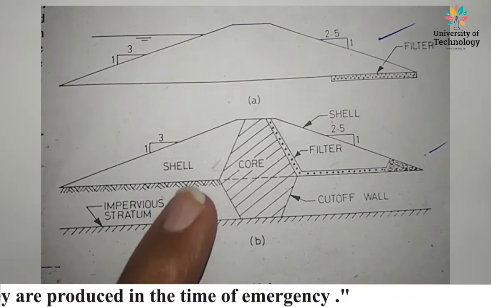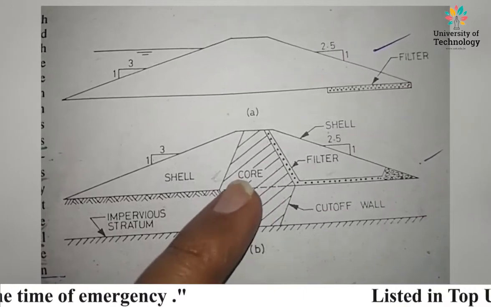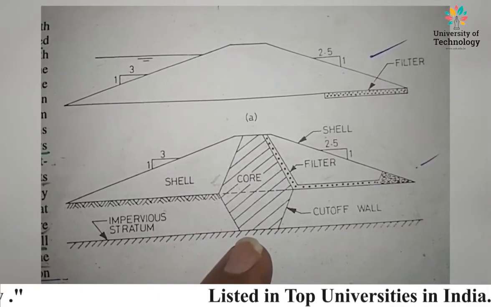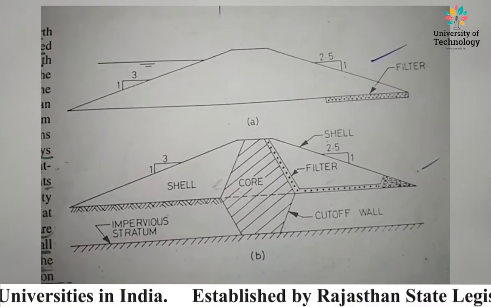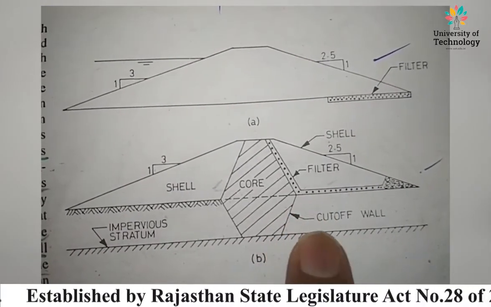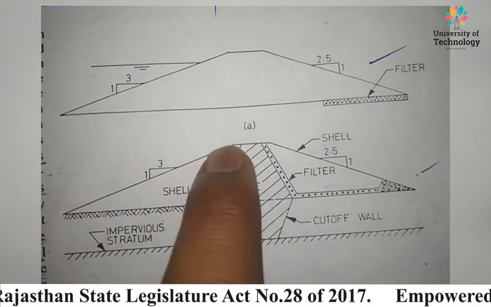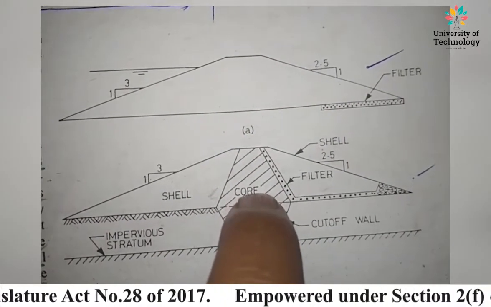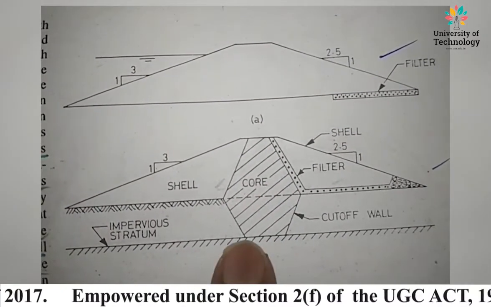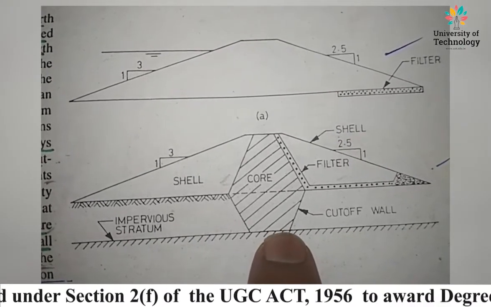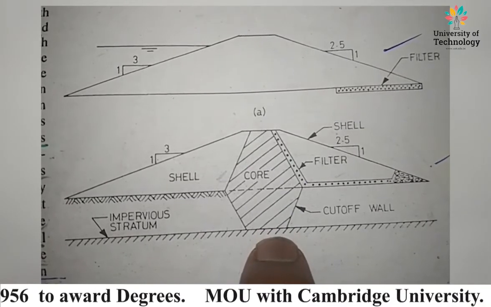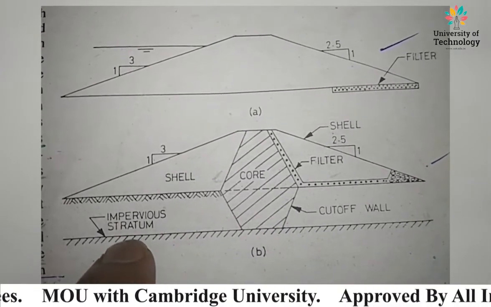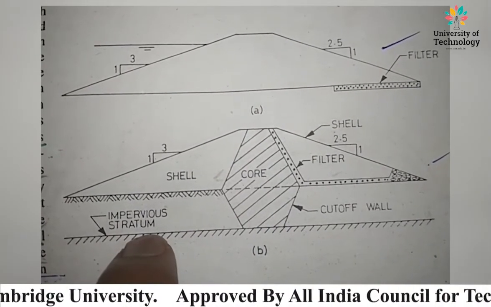In the continuation of this core portion to the impervious stratum, this is a cutoff wall, a type of foundation for the core, which is drawn to the impervious stratum.